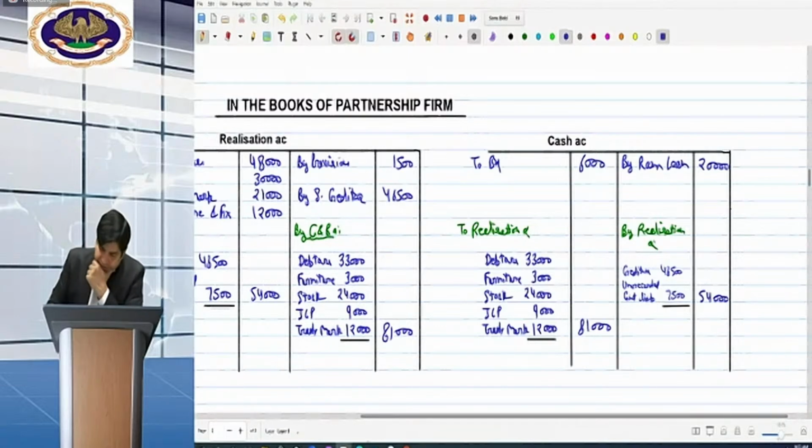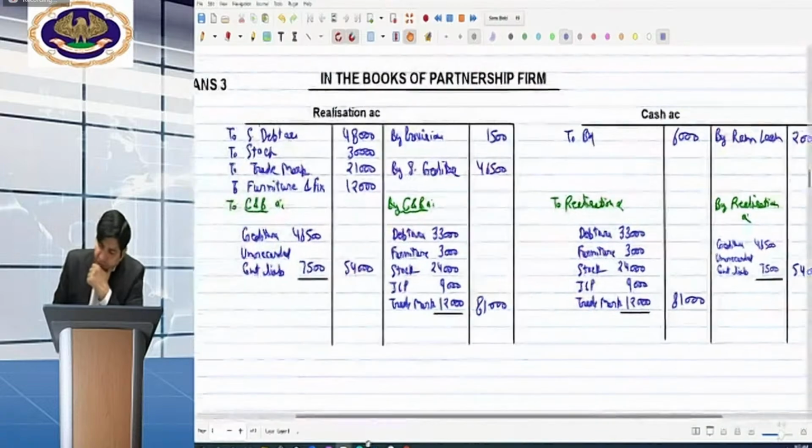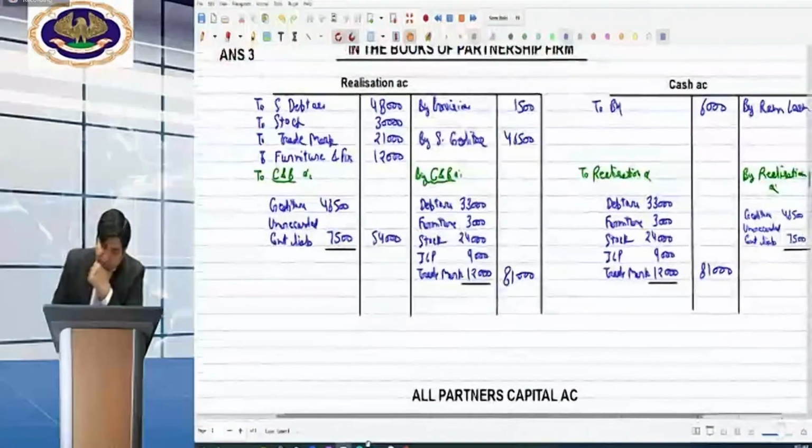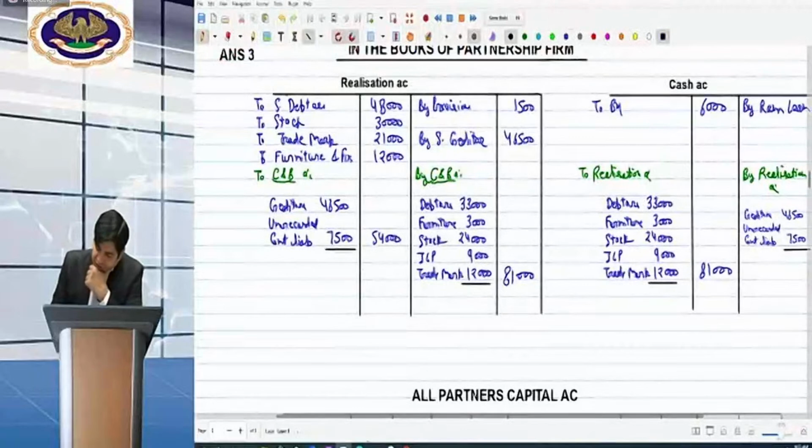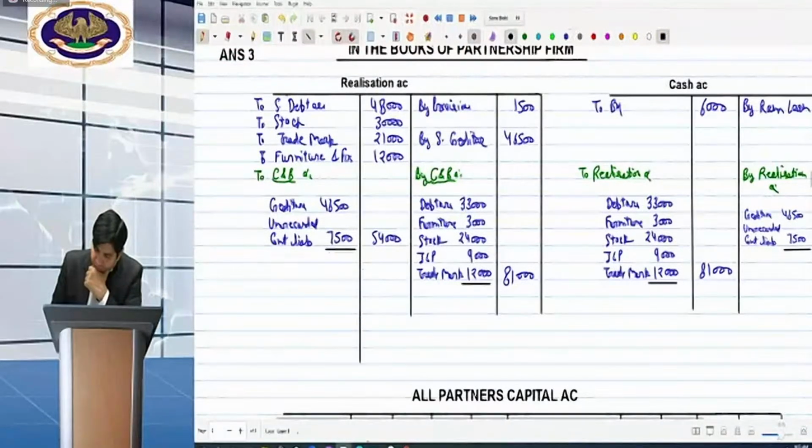Next one. After paying these, now step number 4 is there. That is profit or loss on realization. That has to be distributed to the partners in their profit or loss ratio.